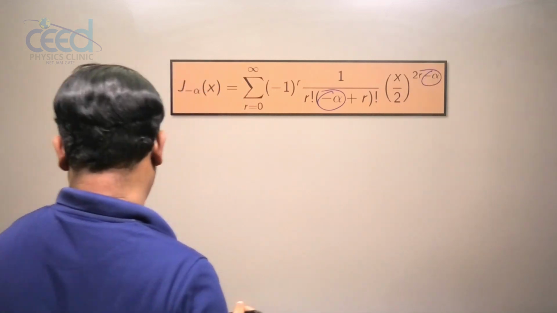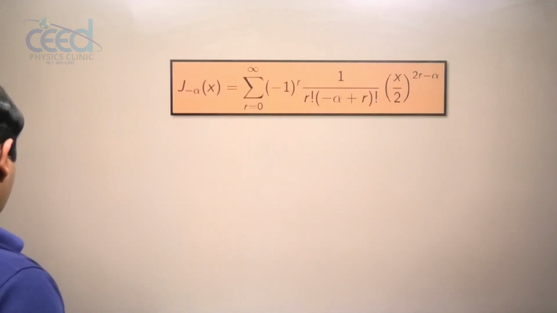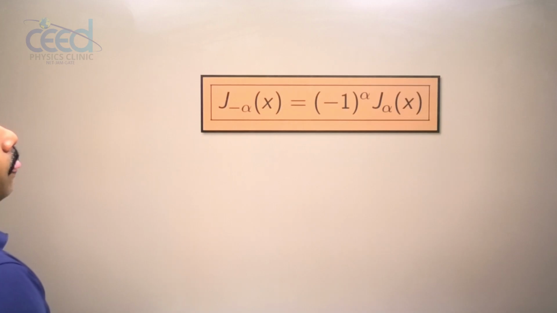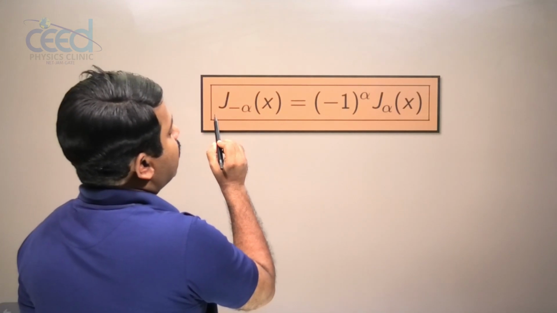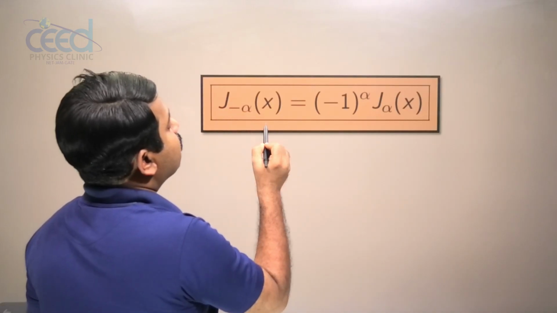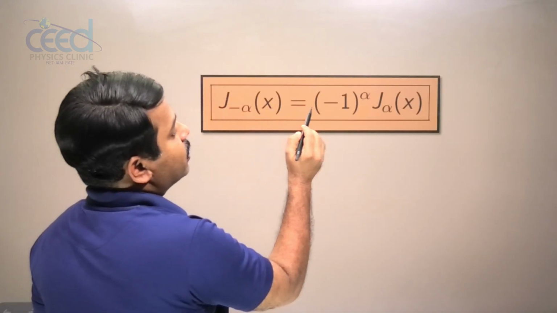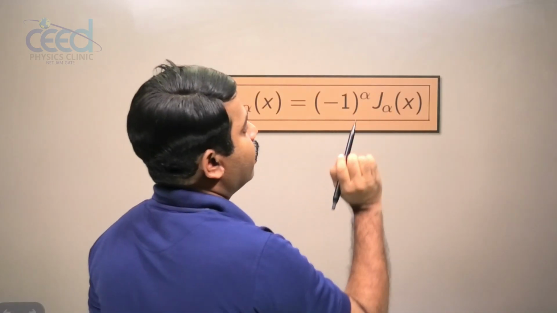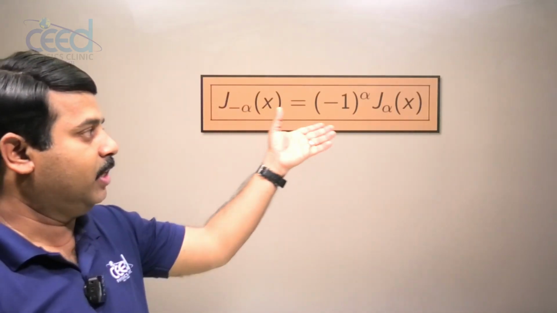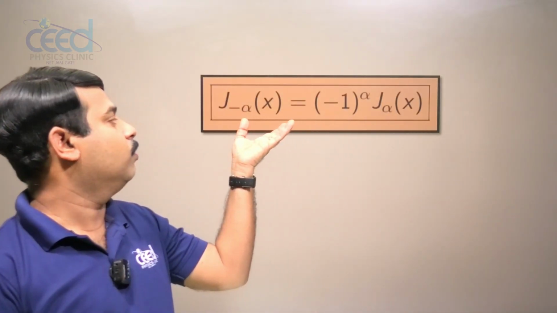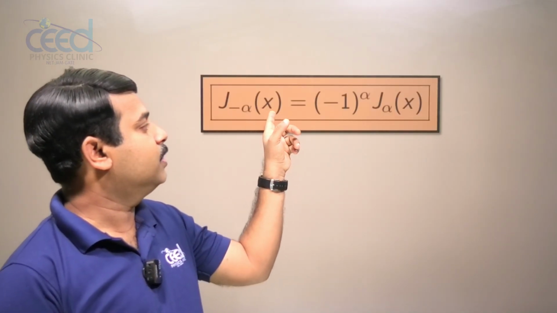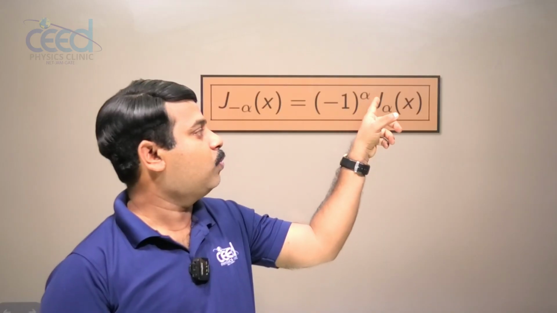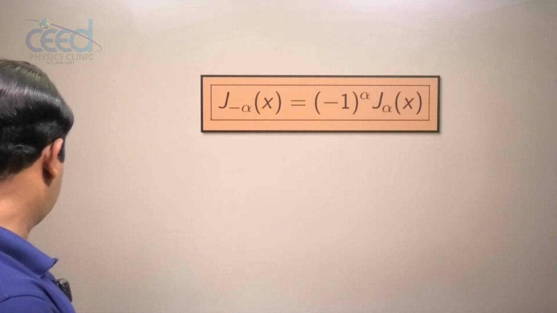Also remember that J minus alpha of x is equal to (minus 1) raised to alpha into J alpha of x. That result we also require to do problems.